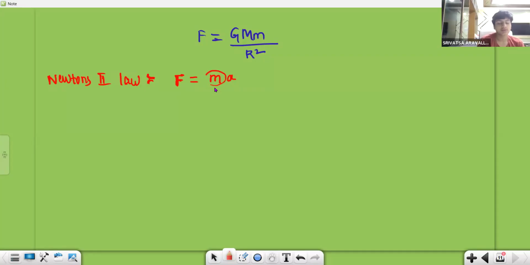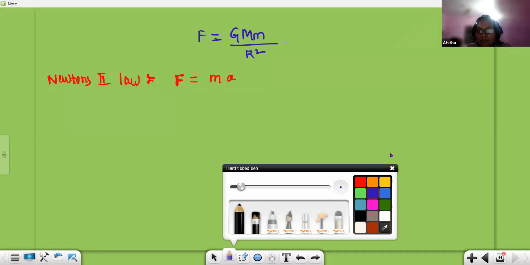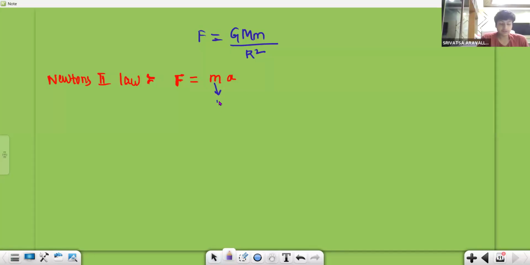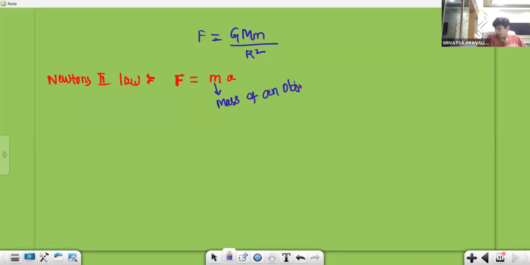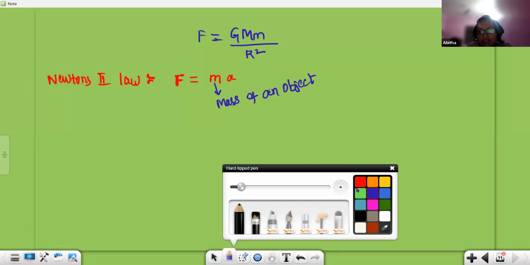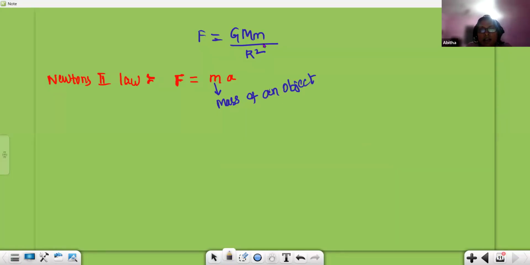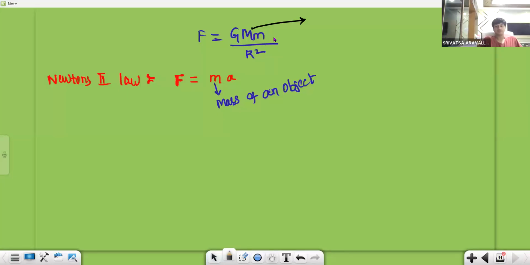What is m here? M is mass, mass of an object. Very good. In the universal law of gravitation, capital M is what and small m is what?